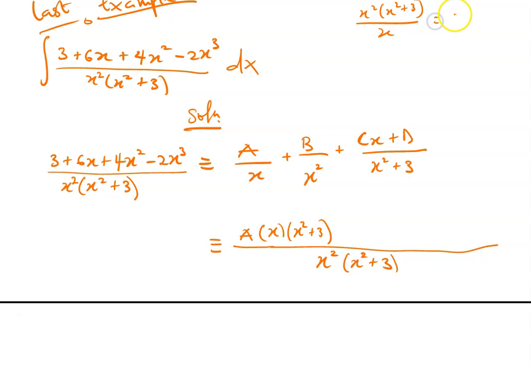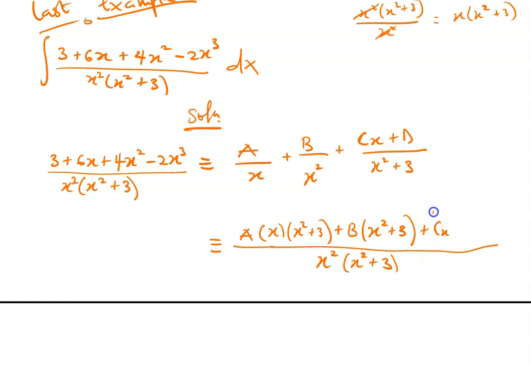The answer that you get is the common factor which will be multiplied with the numerator. So plus B into brackets x squared plus 3, then plus Cx plus D.